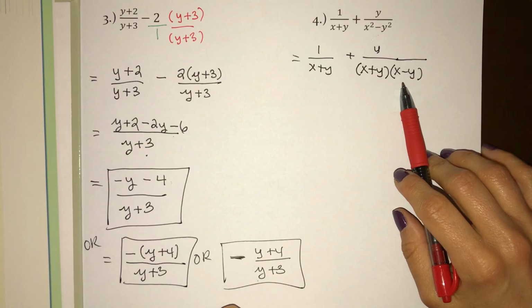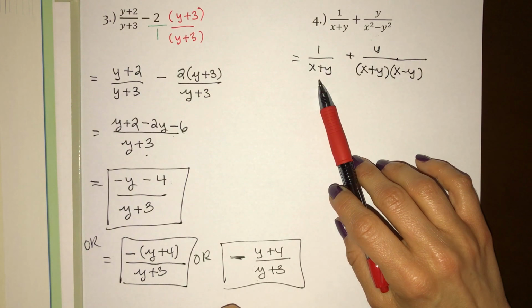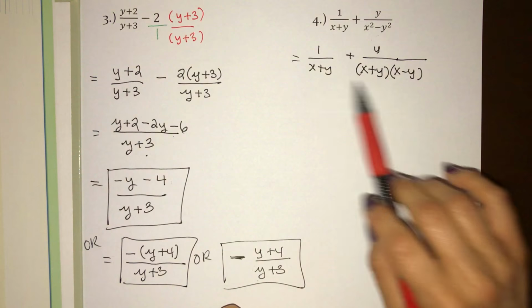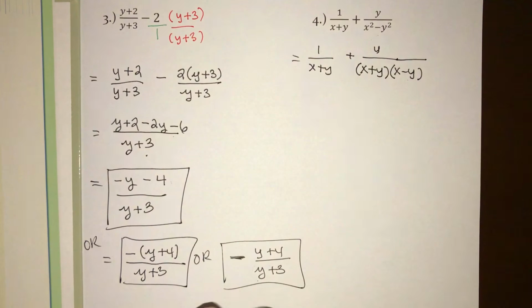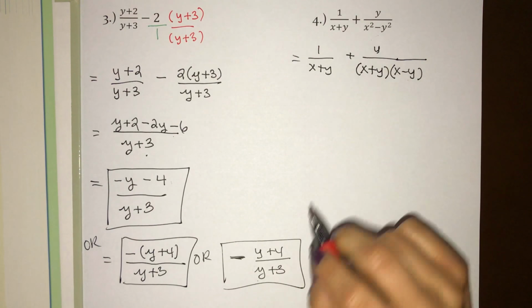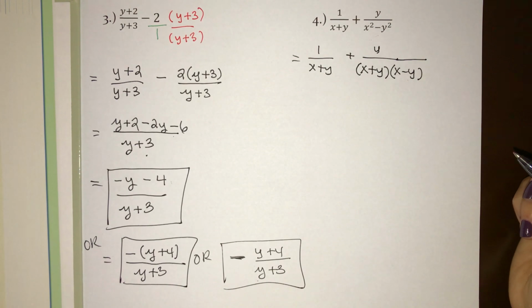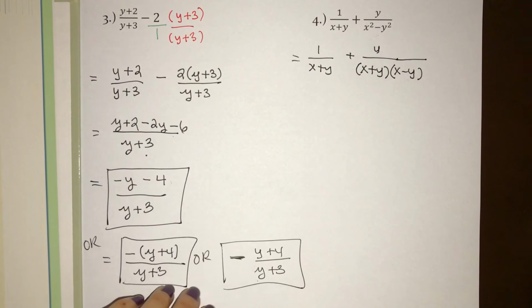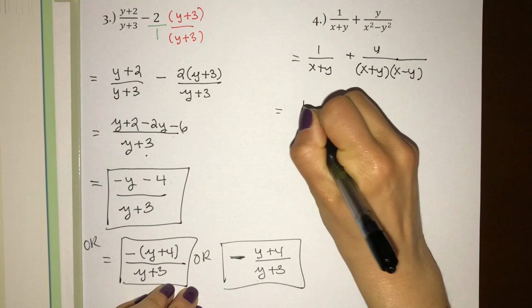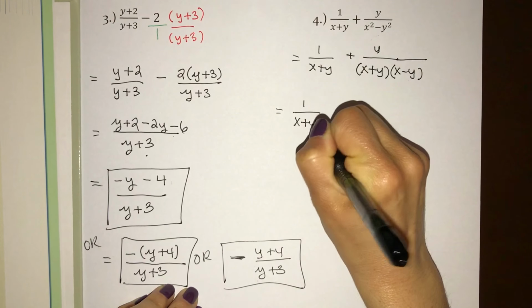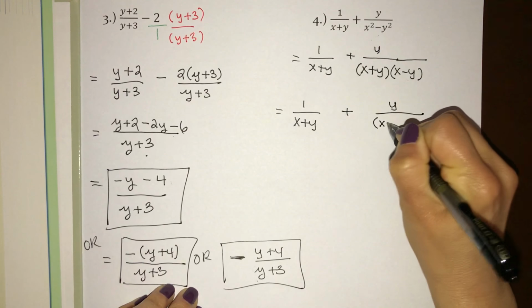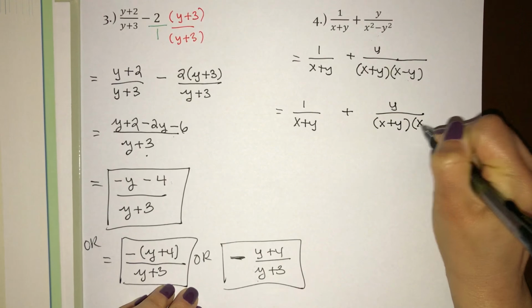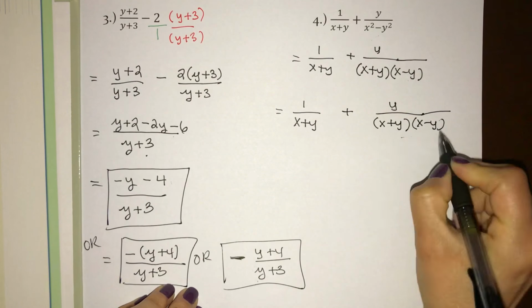So we have to multiply the first fraction by whatever it's missing. It's missing x minus y. It already has x plus y. So we'll just multiply the first fraction by x minus y. When you multiply, you have to multiply the numerator and the denominator. I'm going to actually do that in the next step so it looks neater. We do not need to do anything to the second fraction because it already has the correct denominator.